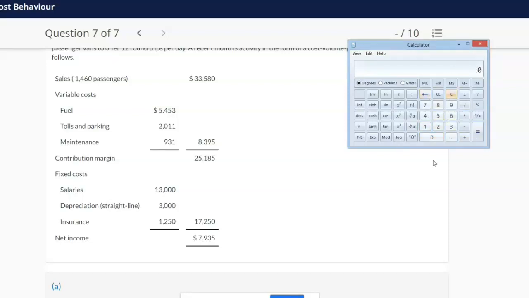So what's the contribution margin per unit? Divided by, 17.5. Let me write it down. 17.25. Now that's the contribution margin per unit. So now divide the fixed cost by 17.25.